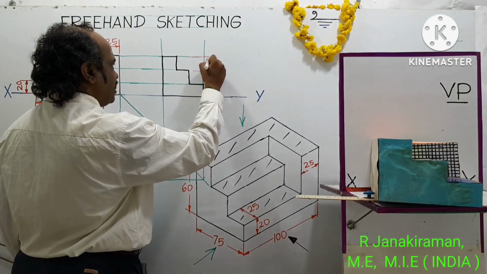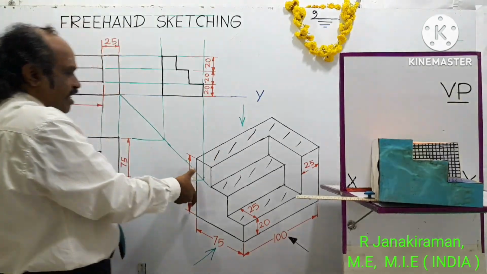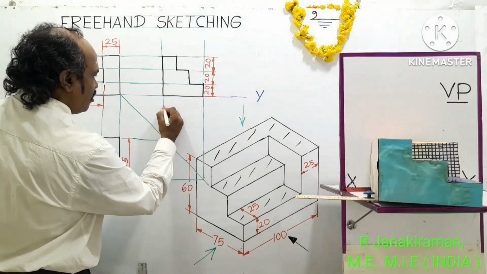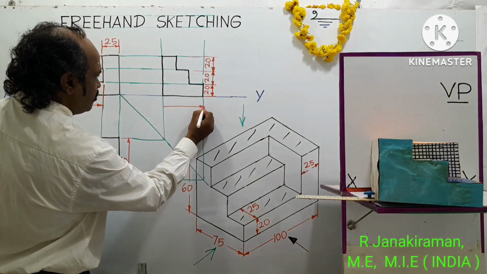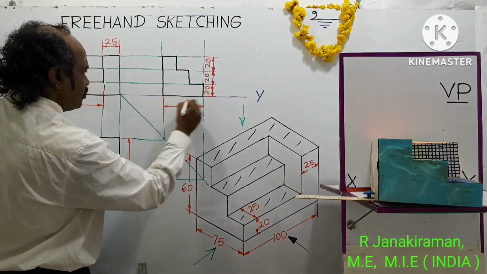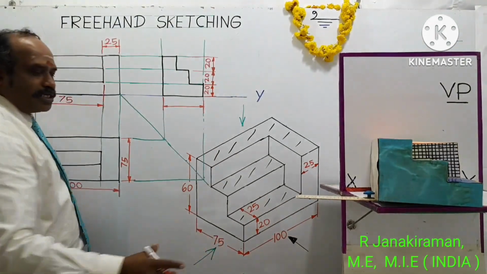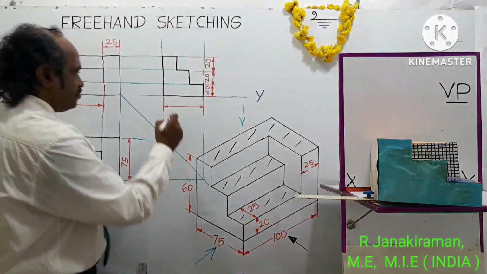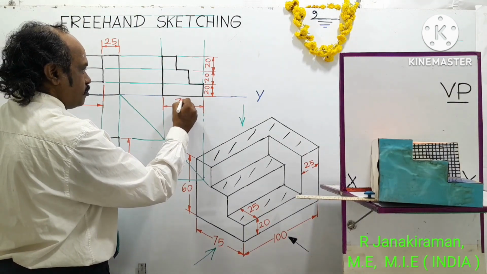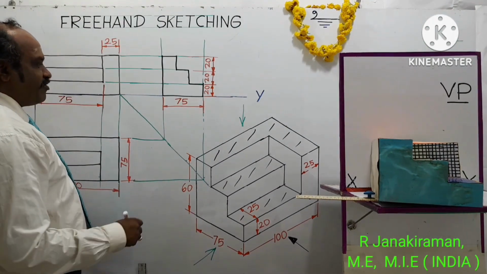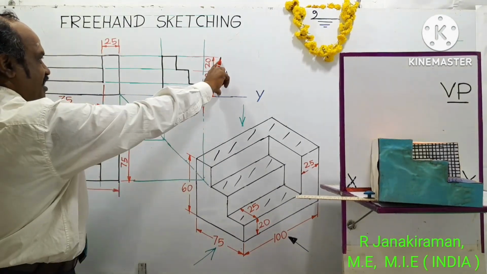So the overall height is 20 plus 20 plus 20, which is 60 mm. Breadth of the object, we already dimensioned in the top view. Breadth of the object is 75 mm. The height of the object is 60 mm. We dimensioned here itself.